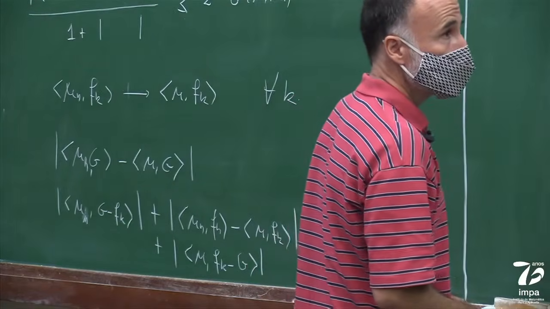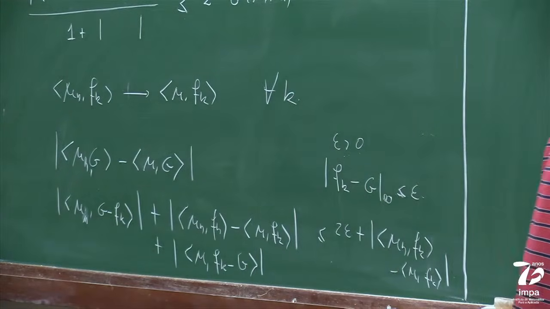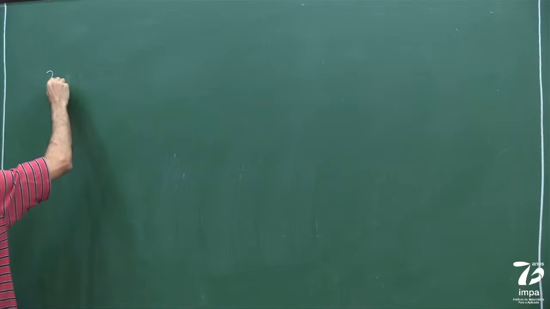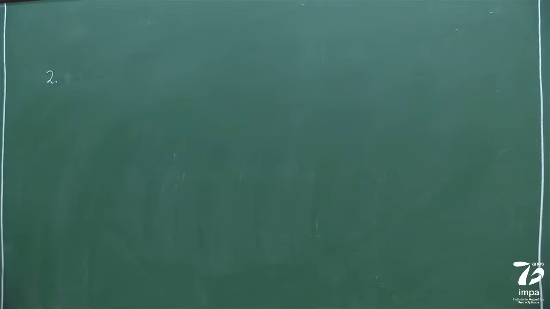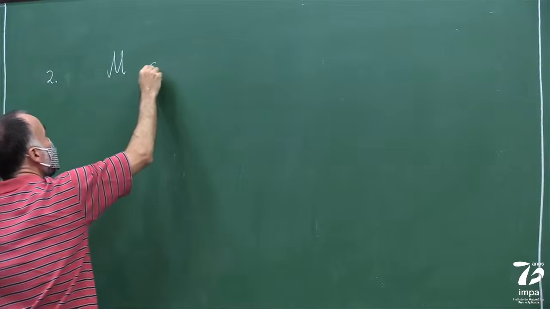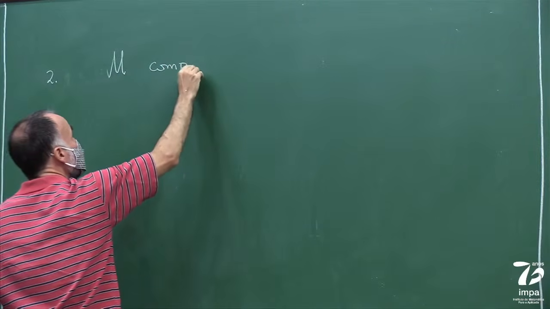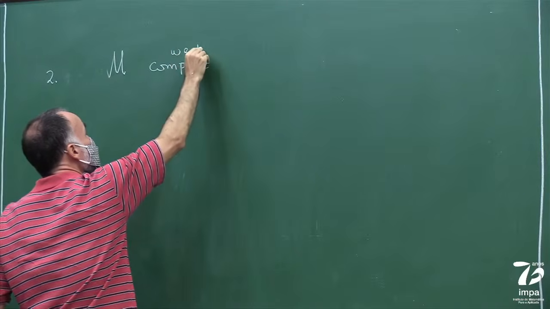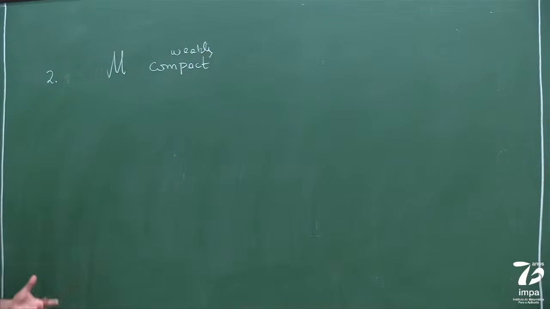Okay, now, second fact, which I claim is that this space is compact. So weakly compact, which means that if I consider a sequence mu_n in M, I can extract a converging subsequence.